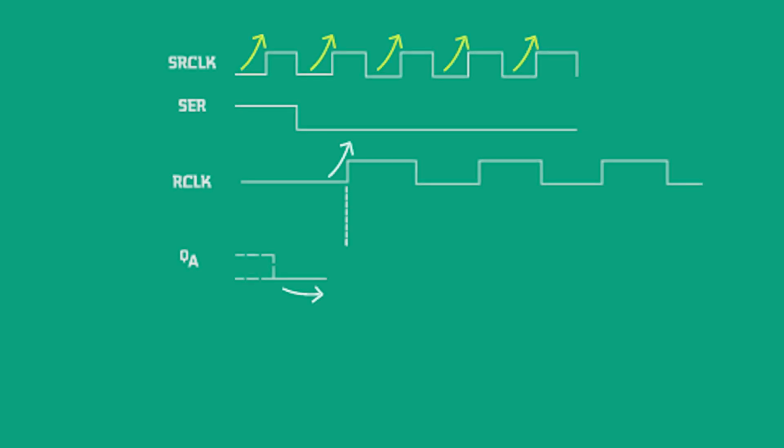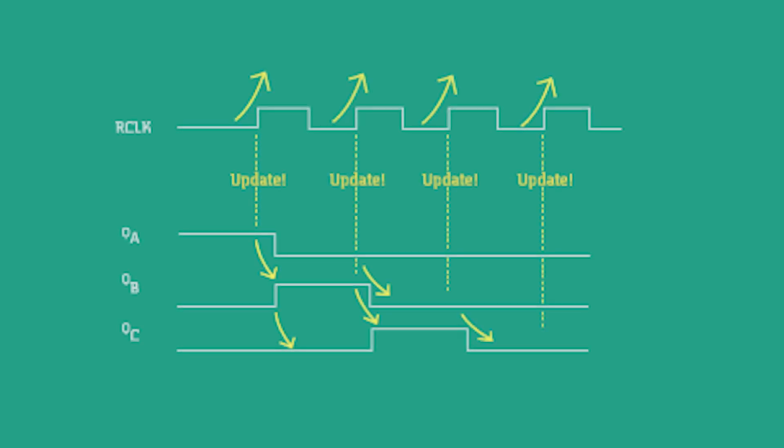Next, when the RCLK, so the storage register clock pin, goes high, the 8 bits that were shifted in are copied to the output latches. So the 8 output pins Q0 to Q7 all update at once to match the stored values.